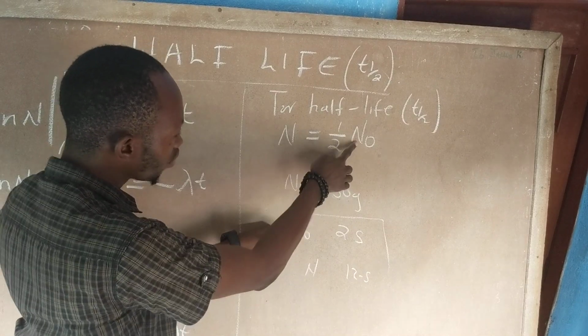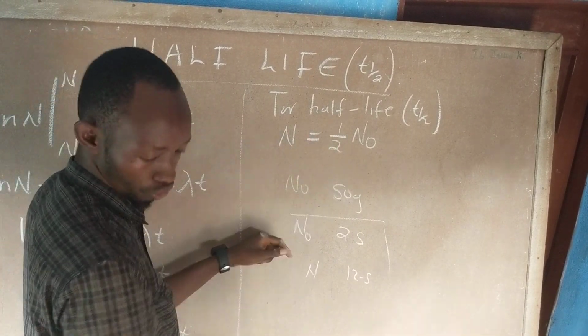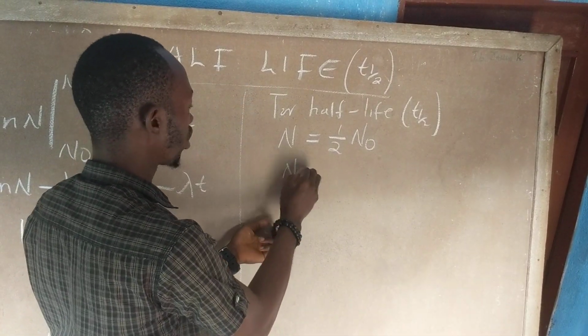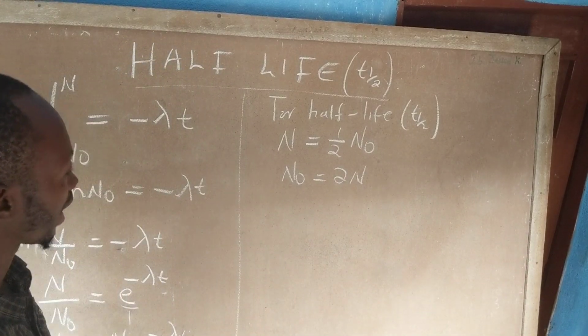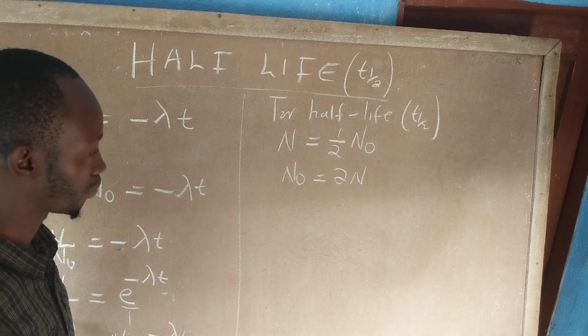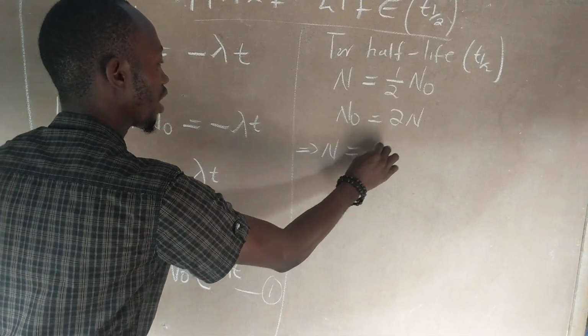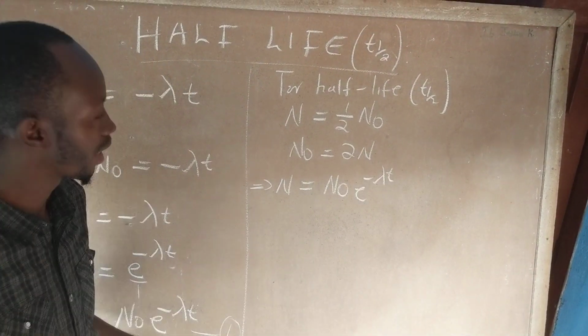So in this case, N0 is greater than what? N. You see? So therefore, if we cross multiply here, we have N0 to be 2 times the final nuclei that's present at that particular time. So if we recall from this formula, we say N equals N0 e raised to minus lambda T. I hope you get that.